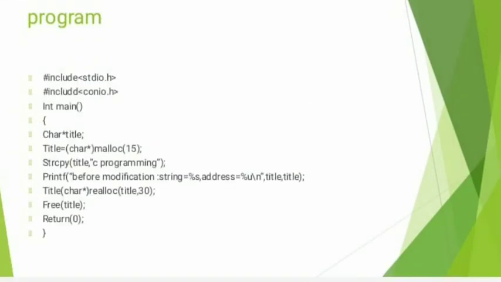Now let us see a program for free. Free means removing the title from the function. In this, we copy the function and print the function, and the return value is 0.